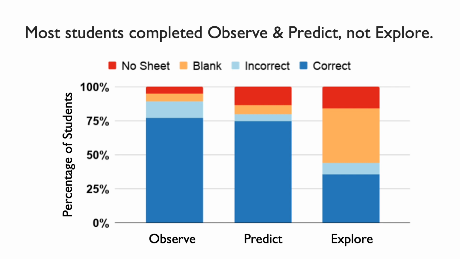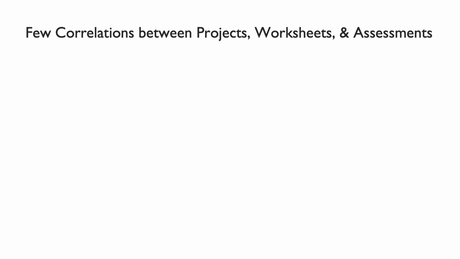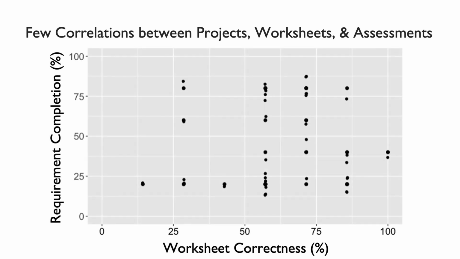Okay, we saw a lot of behaviors that were different between control and TIPP SEE students as a whole, but are there any correlations between those specific positive behaviors and assessment performance? Surprisingly, hardly at all. There were very few correlations between project completeness, worksheet correctness, and assessment performance. The distribution of worksheet correctness and project completion broadly fell into two categories.